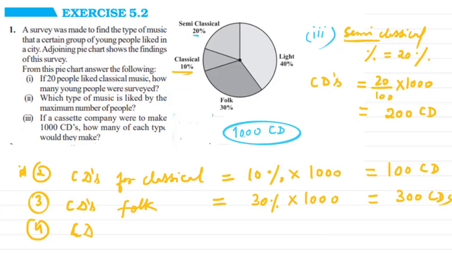CDs for light music will be 40% of 1000, so 40% of 1000 will give you 400 CDs. So this will be the answer: for semi-classical music 200 CDs, for classical music 100, for folk music 300, and for light music you can prepare 400 CDs.